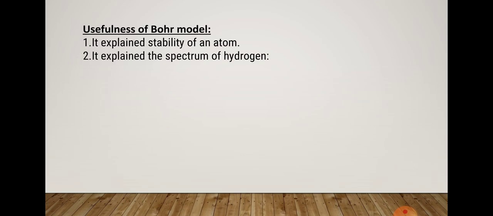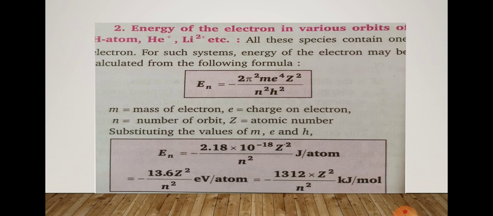Okay. Next is the energy of the electron in various orbits of the hydrogen atom. We can calculate the energy of the electron in various orbits of the hydrogen atom, helium ion, lithium ion, etc. You can see that all these species contain one electron: hydrogen has 1 electron, He+ has 1 electron, Li2+ too, and all other species which contain 1 electron.